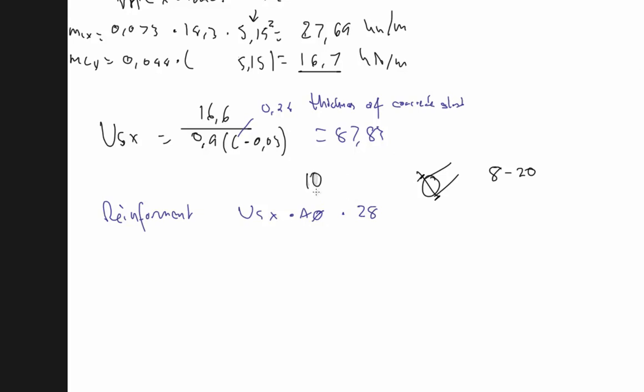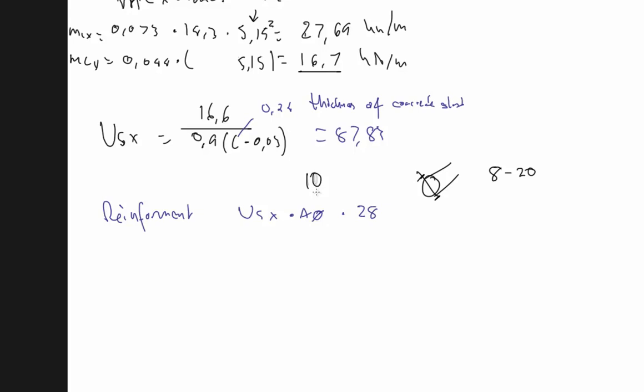So we take 87.8 times 10 times 28, which is a very high number. Why do we use that? Okay. Oh yeah, how stupid am I?